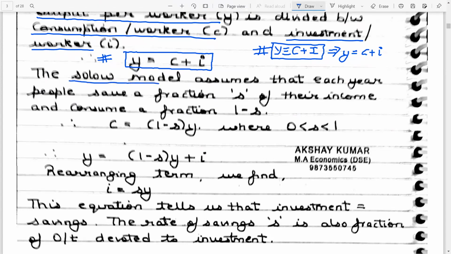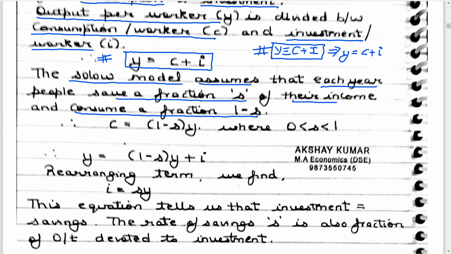The Solow model assumes that every year people save a fraction s of their income and consume a fraction 1 minus s. Okay, if you can recall, we had made this assumption in the Harrod-Domar model also. Every year s fraction of the income is saved and 1 minus s fraction of the income is consumed.